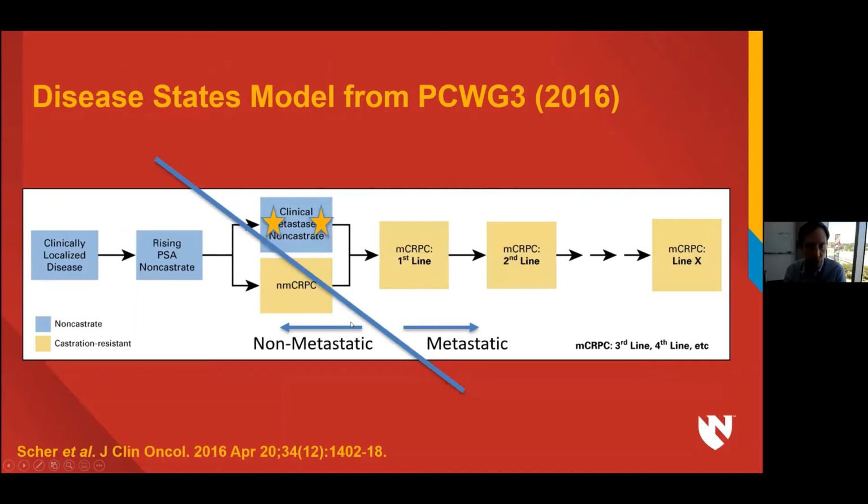I think I highlight those because despite the fact that these are the same stage of disease, in fact, our data suggests that the value of our interventions are very different based upon these clinically defined disease volumes. So I'd like then to add, as a next piece of data to this discussion, on either side of this line of metastatic or non-metastatic disease, a case of a patient that has a biochemical recurrence after prior therapy.